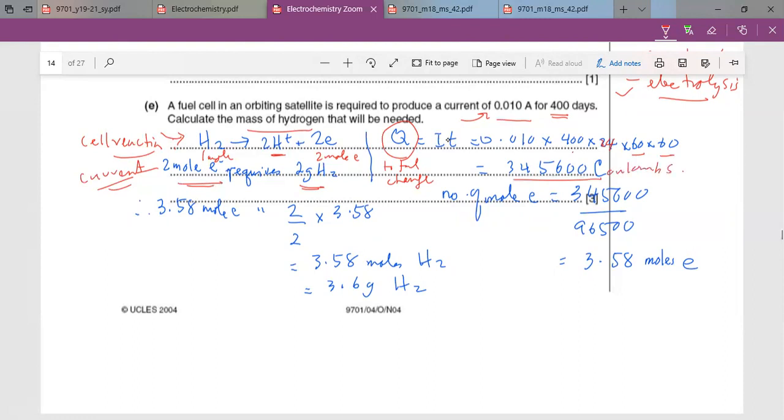Again, I want to find how many moles of electrons are inside here. Remember that 96500 coulombs is equivalent to 1 mole of electrons. So 3456000 coulombs, how many moles of electrons? Very simple.